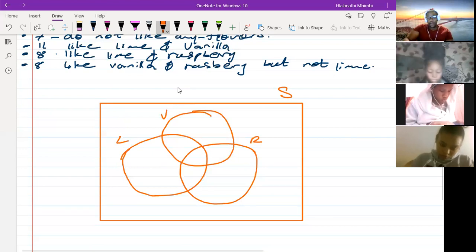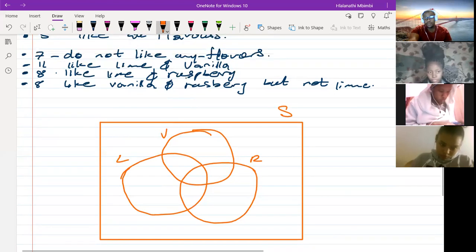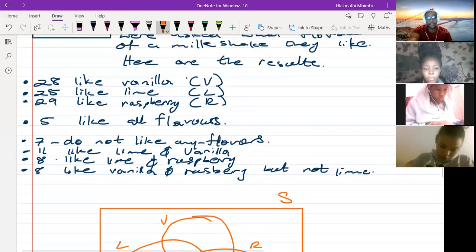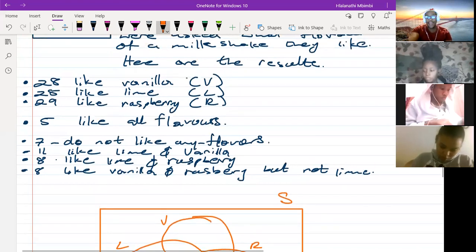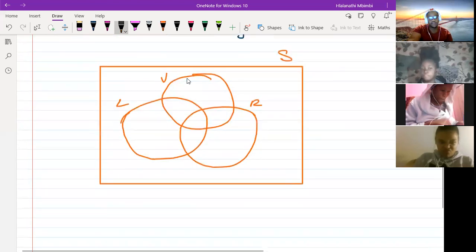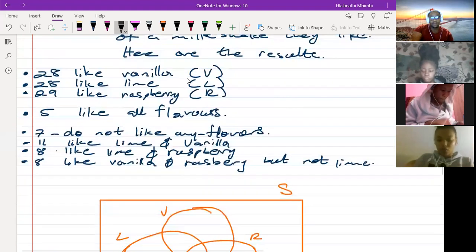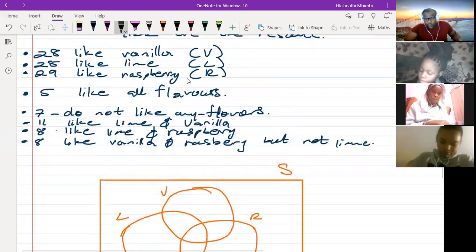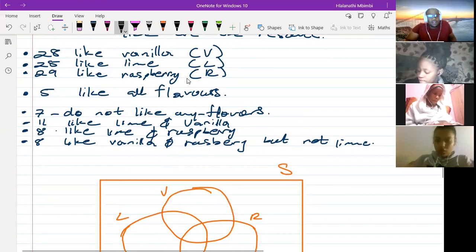Okay, are we happy? So we're going to start with things that are very easy to fill in here. 7 do not like any of the flavors, so we're going to put 7 there, outside the circles.